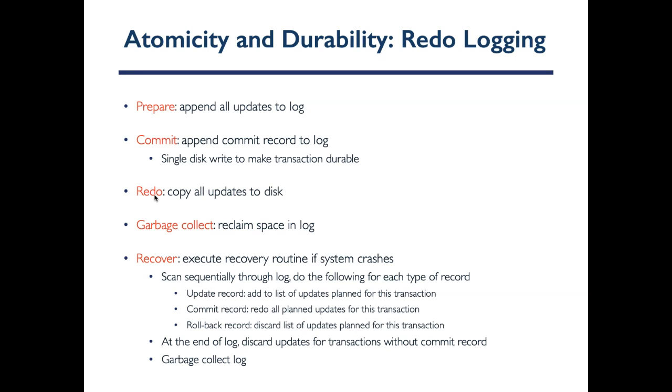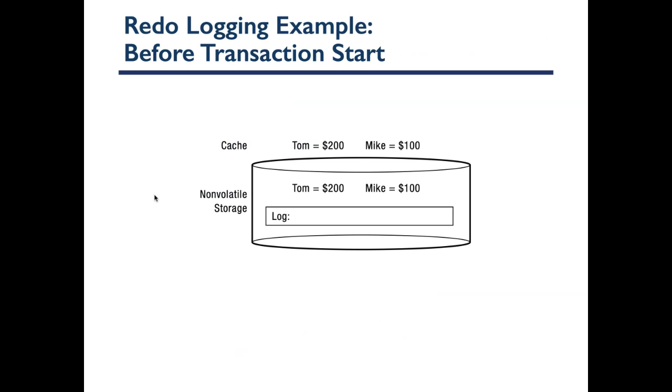Because if you then run this record multiple times, you could just keep adding $100 every time you run it. Whereas if it is just Mike's account should be $200, then no matter how many times you execute this update, you're not going to add to or subtract from Mike's account more than you're supposed to.